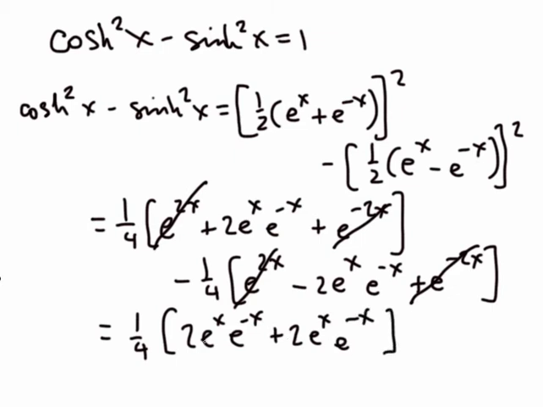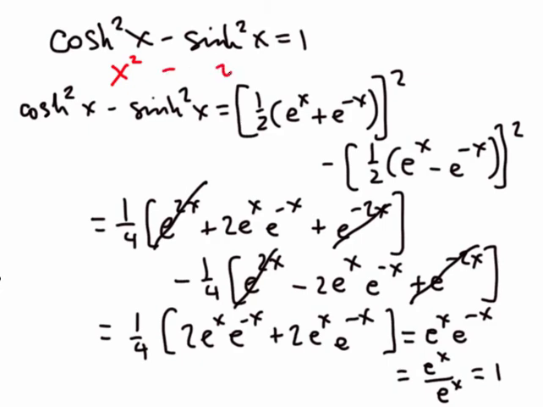So I get 4 of those, and that 4 is going to cancel that 4 down there. So we're just going to get e to the x, e to the minus x, which is actually e to the x over e to the x. So that's just 1. And this equation should remind you in a similar way to what was going on with the circle.